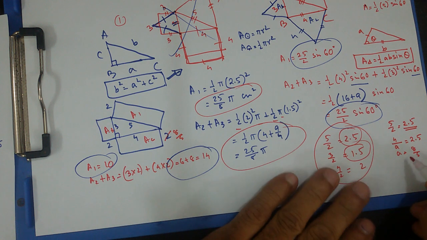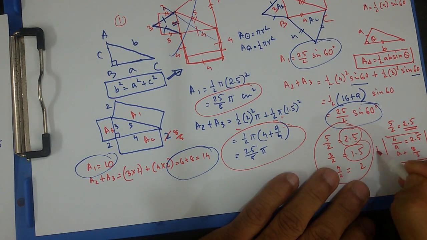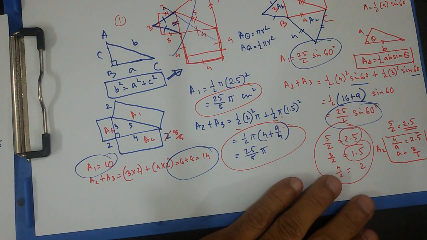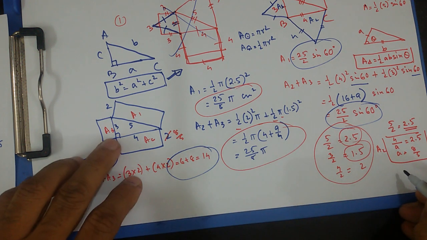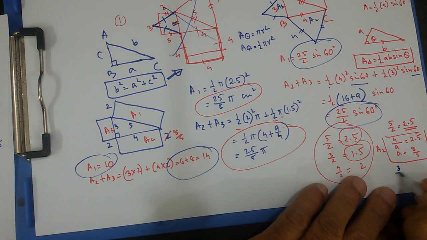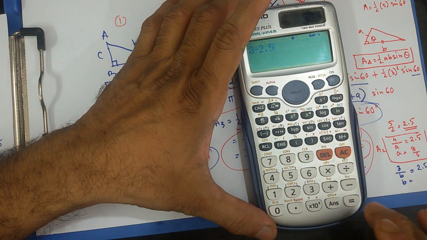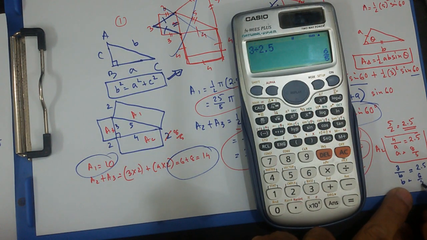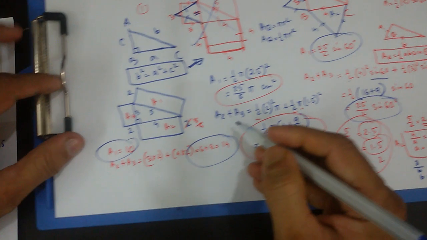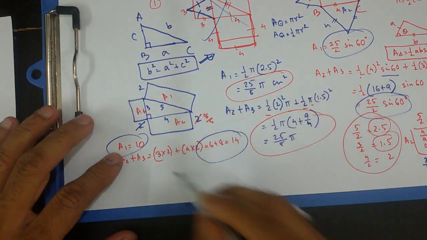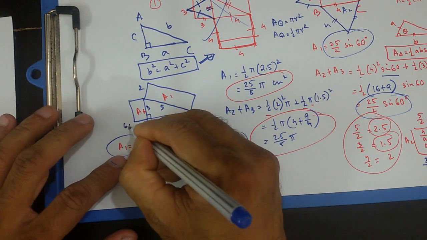And for area 3, that's 3 divided by something B, and the ratio has to be equal to 2.5. So B is going to be 3 divided by 2.5, and that gives me 6 by 5. So instead of this 2, I'm going to take 6 by 5.